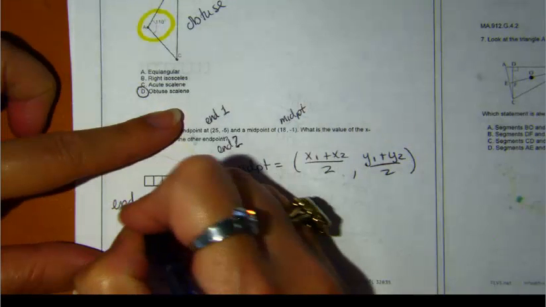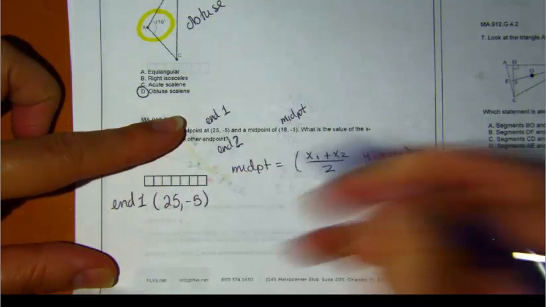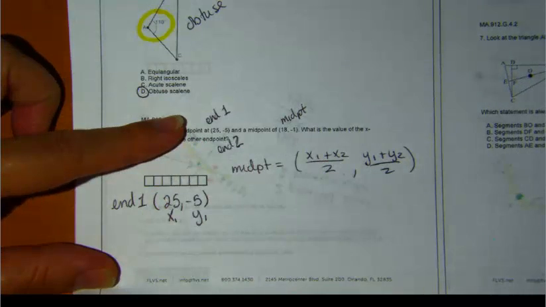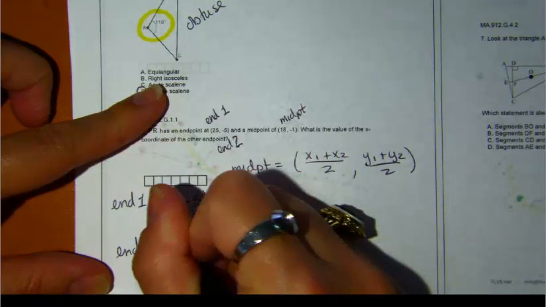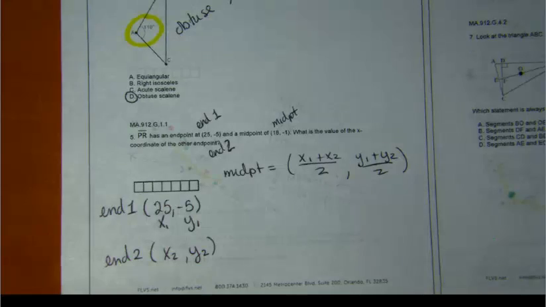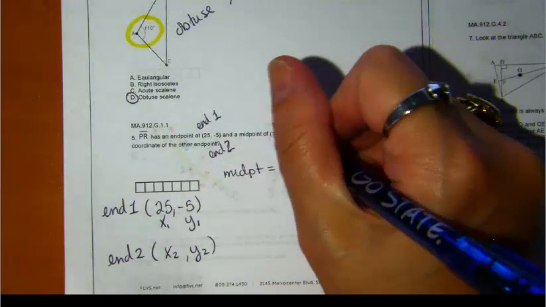End 1, first end point, is 25, negative 5. So I'm going to call this x1, y1. End 2, we don't know, so I'm going to call that x2, y2, because we don't know what those points are. And then our midpoint is here.